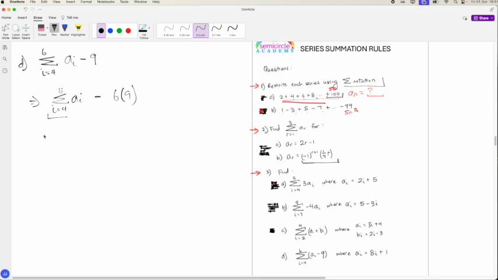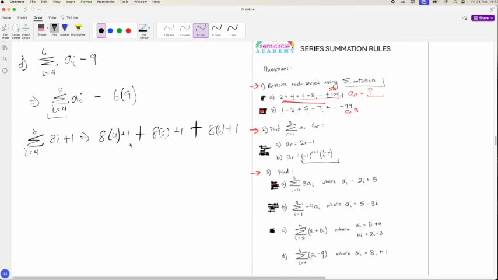This is the summation from i equals 4 to 6 of 8i plus 1. So that will give us 8 times 4 plus 1, plus 8 times 5 plus 1, plus 8 times 6 plus 1, because i is from 4 to 6.